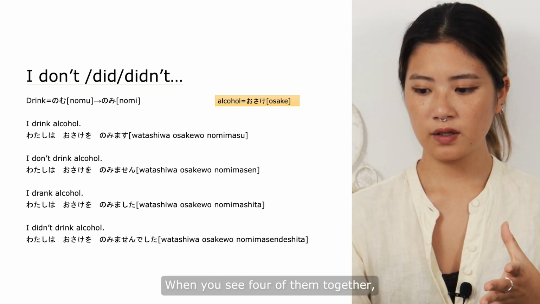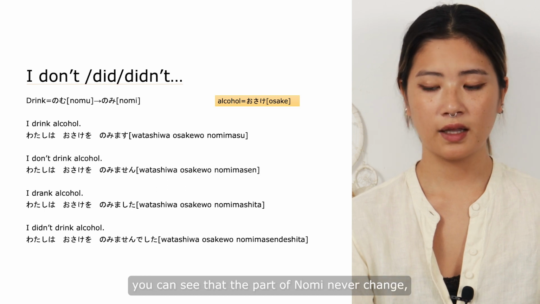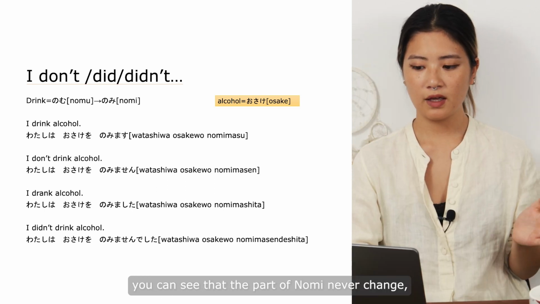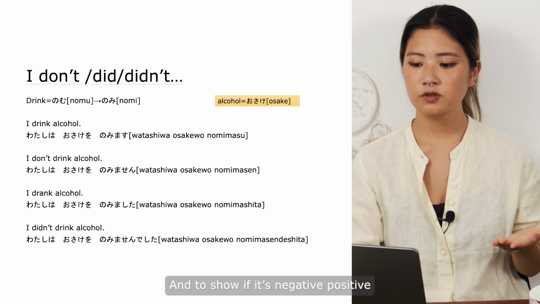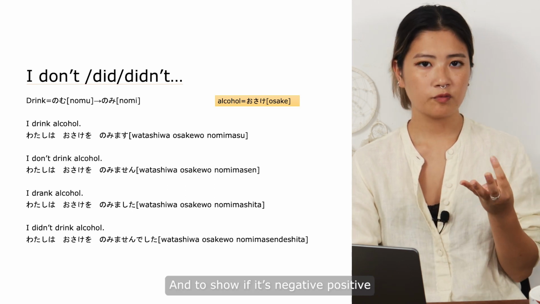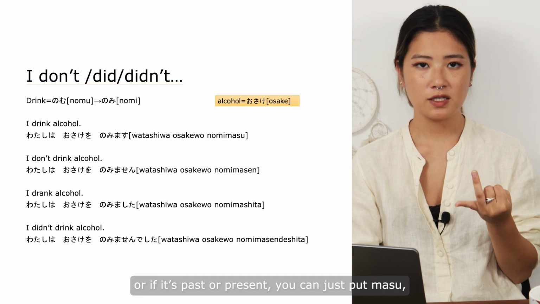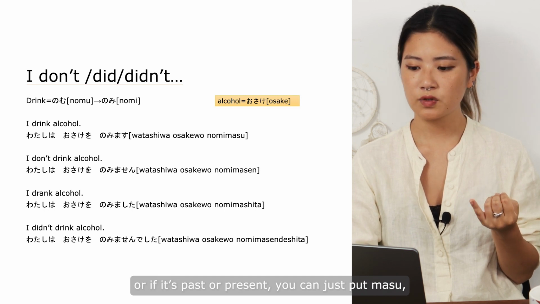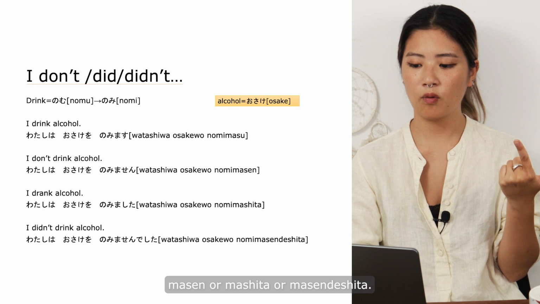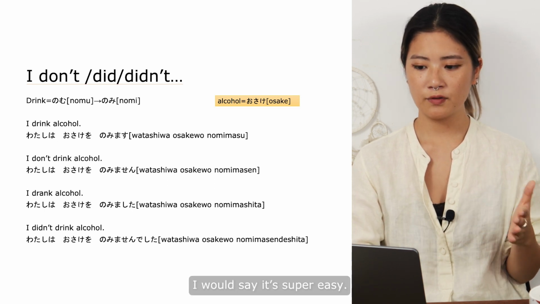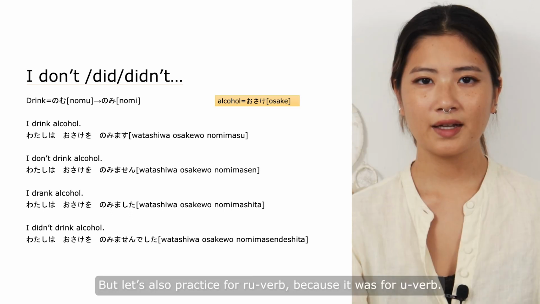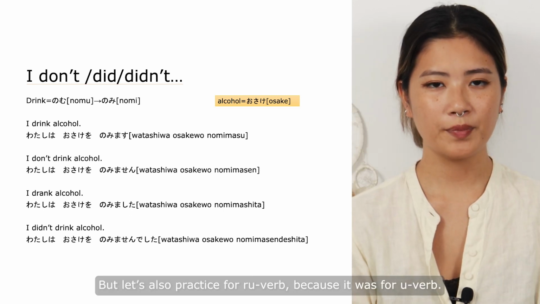So when you see all four of them together, you can see that the part 飲み never changes, because all of them are using the conjunctive form. To show whether it's negative or positive, or past or present, you just put ます or ません or ました or ませんでした.